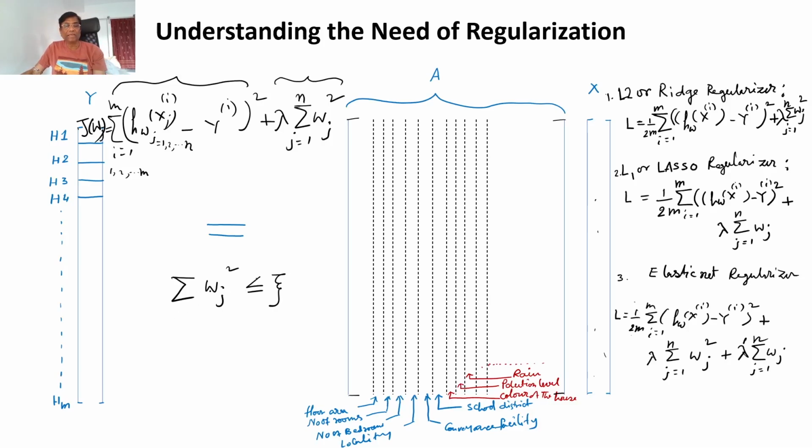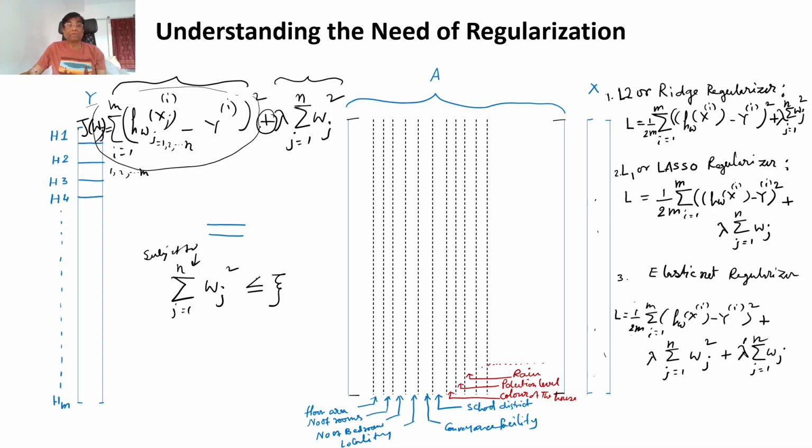So suppose it has some kind of constraint: the summation of Wj squared, j equals 1 to n, must be less than or equal to zeta. And I need to optimize this objective function subject to this.